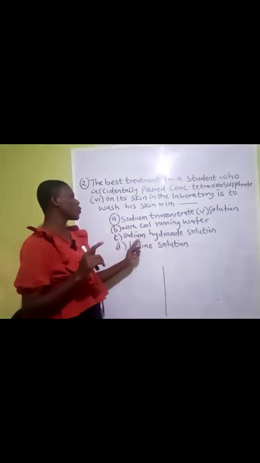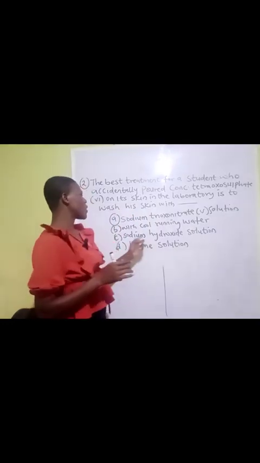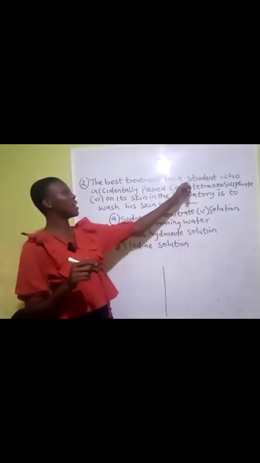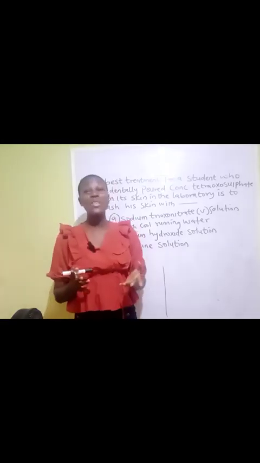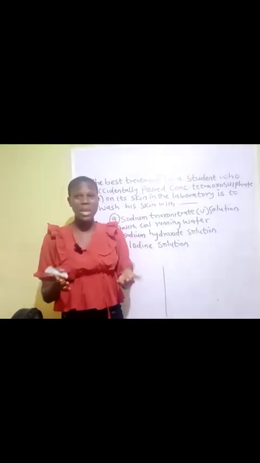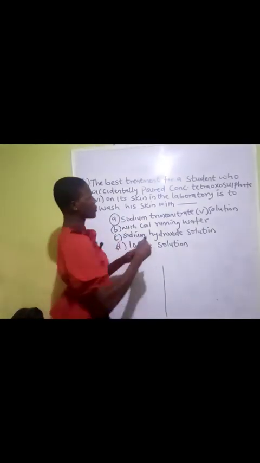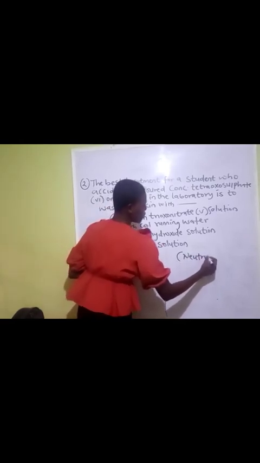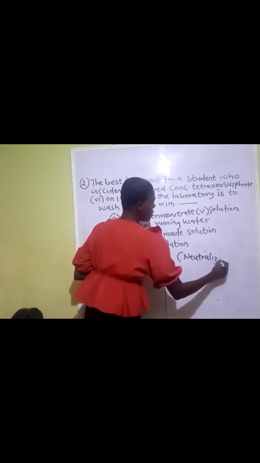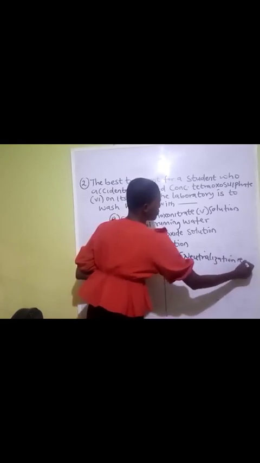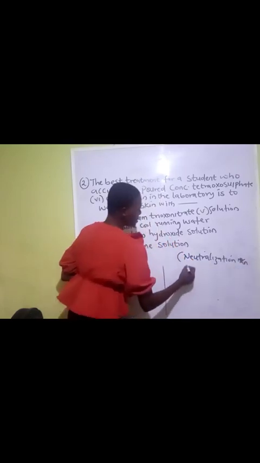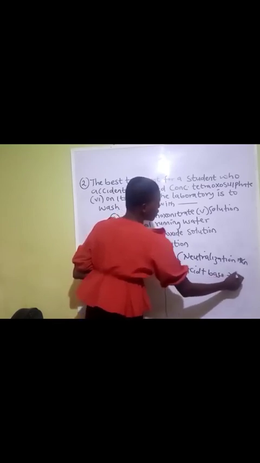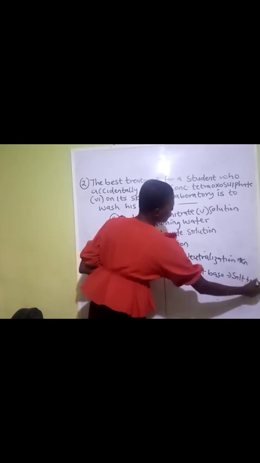Now C says sodium hydroxide solution. Take note, sodium hydroxide is a strong base. Now imagine a base reacting with an acid. What will it cause? A neutralization reaction. And take note, during a neutralization reaction, acid reacts with base to give salt and water.